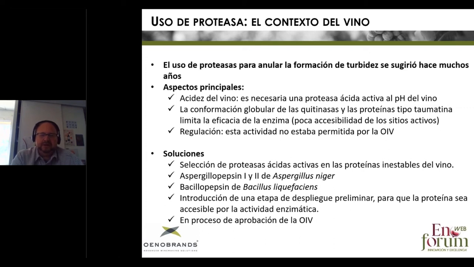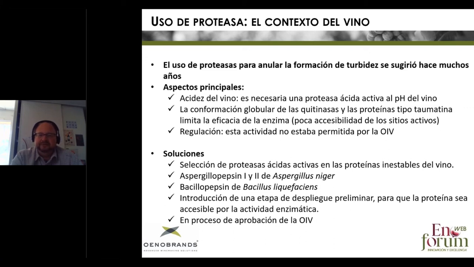To avoid the loss of efficiency due to the conformation of the unstable protein, the introduction of a heating step with the enzyme has been proved to be the solution.